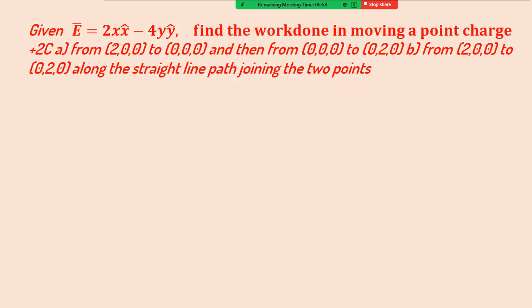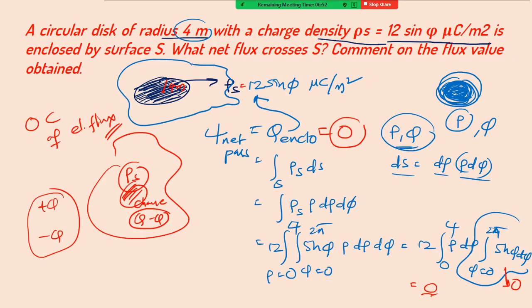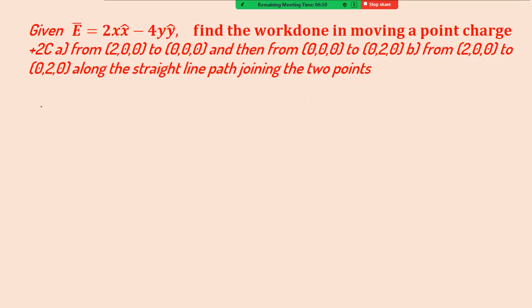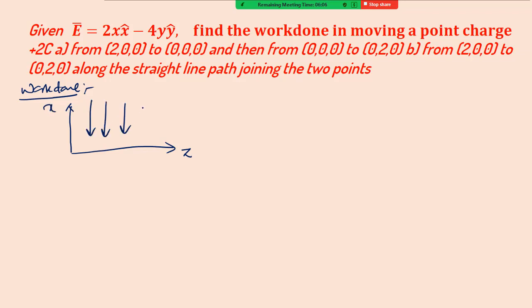Then the next question is actually based upon work done. So the work done concept first I will tell. Quickly we will complete this one. See carefully. For example, this is the x axis. We assume that a uniform electric field is available like this.